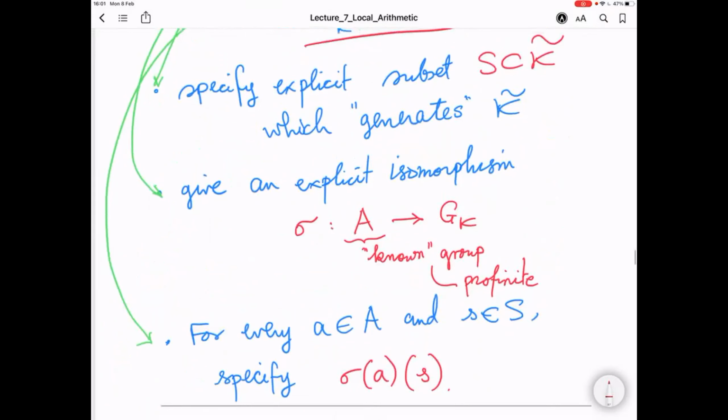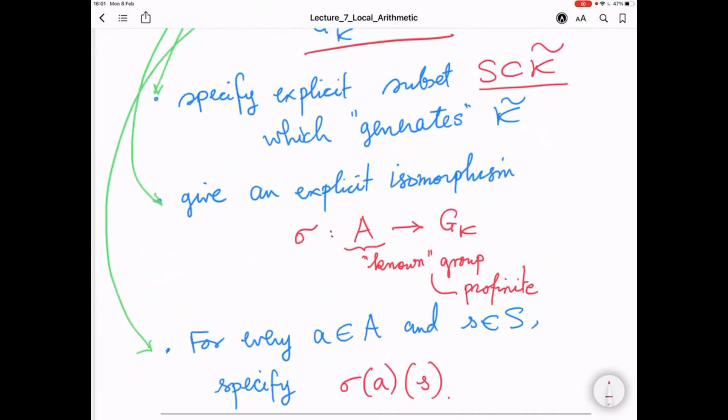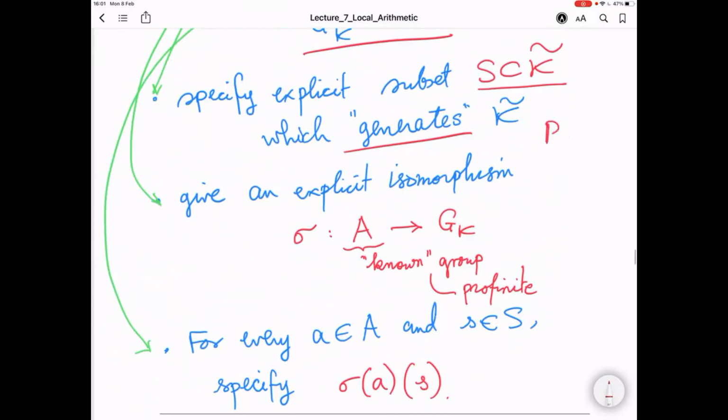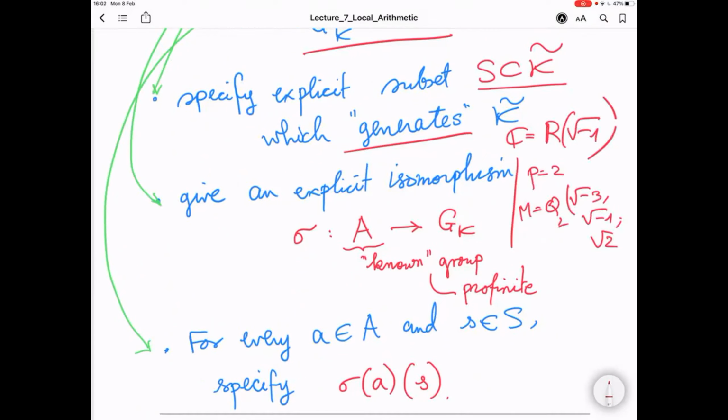For K tilde, you have to specify a subset S of K tilde which generates K tilde. Just as for C, it's generated by just one element: you adjoin a square root of -1. Or in the case of p equal to 2, it was generated by 3 elements, right? It was root of -3, root of -1, root of 2.